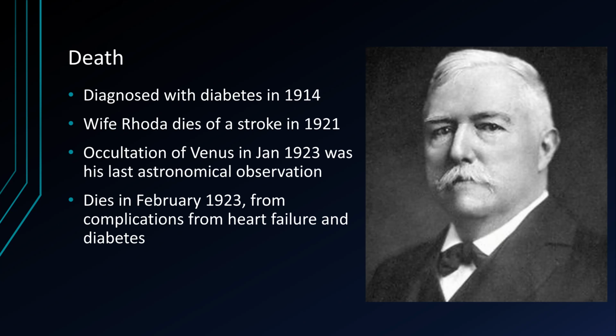His last scientific observation was an occultation of Venus by the moon, which he observed in January of 1923. And he would then go on and die from several complications with heart failure and diabetes in his home in 1923, where he is now buried back in Nashville.